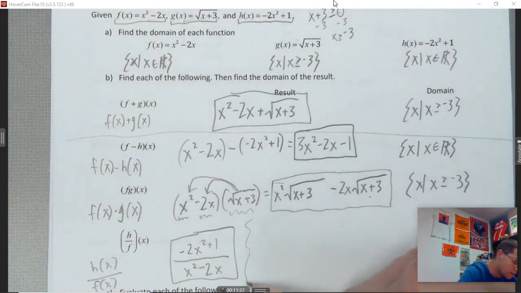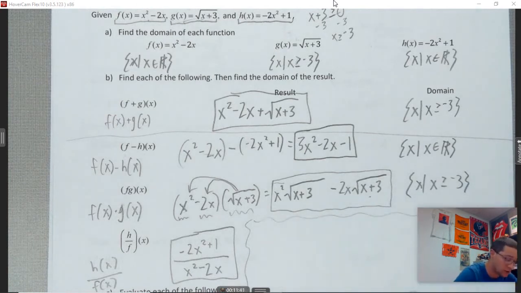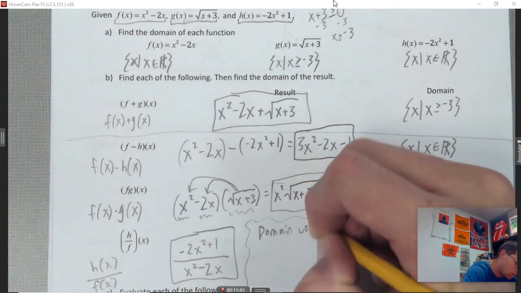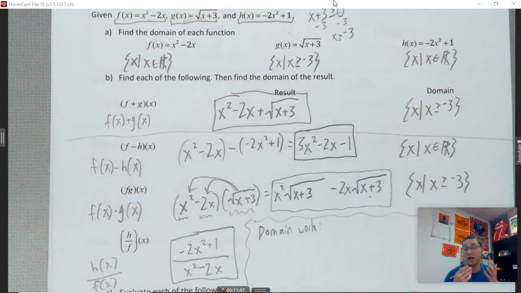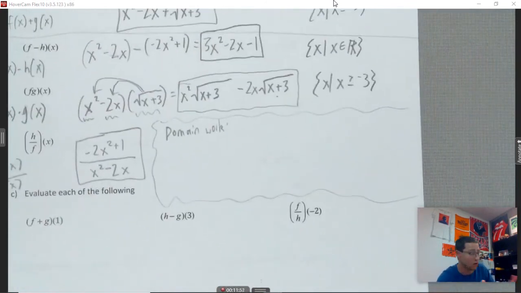Now for the domain of this one, this is a little bit of a tough domain, so I'm going to leave some space here for it. Domain work. Notice I've got a rational function. Those are the two most common in our class so far, square root and the rational. Since this is a rational, what's the one number we can't divide by? We can't divide by 0.